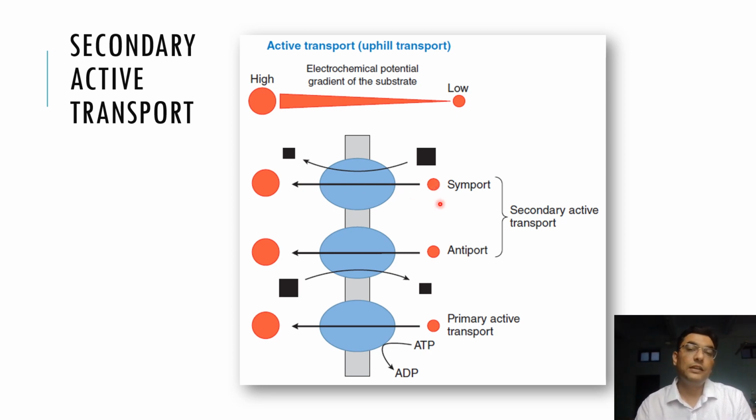So this primary molecule or ion moves from lower concentration to higher concentration. You got it? So there is movement of this primary molecule or ion against its concentration gradient, and this movement is energetically driven by the transport of this secondary molecule or ion.